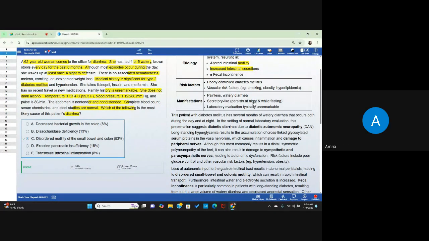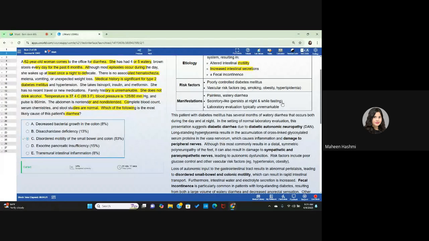Secretory diarrhea persists while fasting, whereas osmotic diarrhea does not persist while fasting. If you remove the trigger, for example, if the patient is lactose intolerant and you stop giving lactose and the patient is fasting, the diarrhea will automatically resolve. So the diarrhea will not persist while fasting because you have removed the trigger.